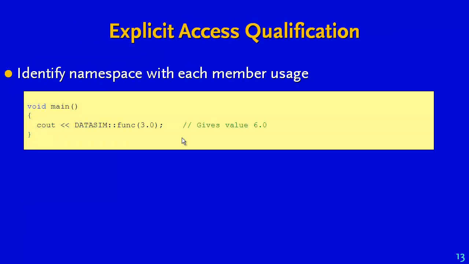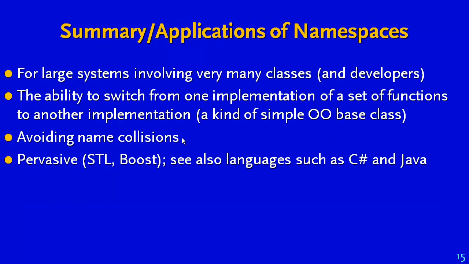Okay, that was the remark concerning object-oriented programming. But of course, the big advantage is that it avoids name collisions. So you're logically relating all your software together. Now, namespaces are all over the place. STL, it's the std namespace, of course. Boost has got lots of namespaces for each library.